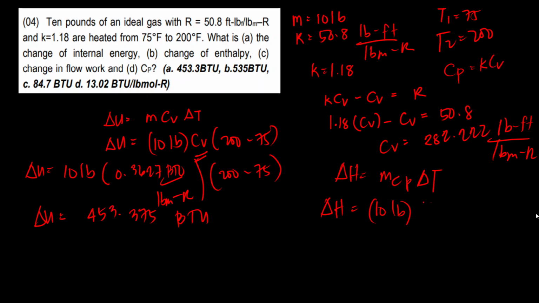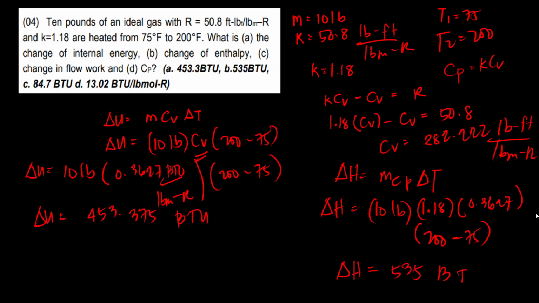Okay? So, that is 1.18 times Cv na 0.3627, in BTU na yan. And then, delta T, which is 200 minus 75. So, ang delta H natin is equivalent to 535 BTU. Okay? So, meron na tayo na to. Letter C is change in flow work.